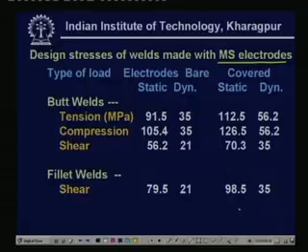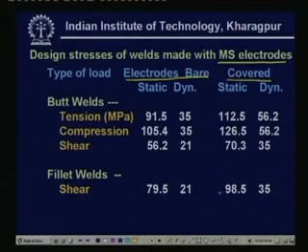The experiment in reality depends not only on the properties of the base metal, but also on the properties of the weld metal, and the electrode also affects it. There may be a bare electrode or a covered electrode. If we have a bare electrode, then there is a chance of some contamination of oxygen, which may lead to embrittlement. If it is covered, then this chance is less. So, that is reflected here.